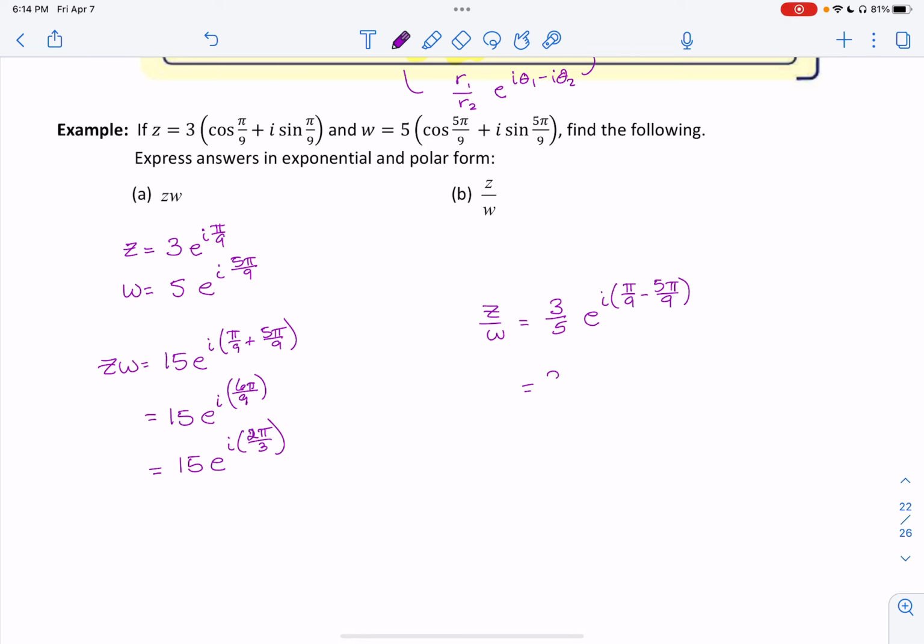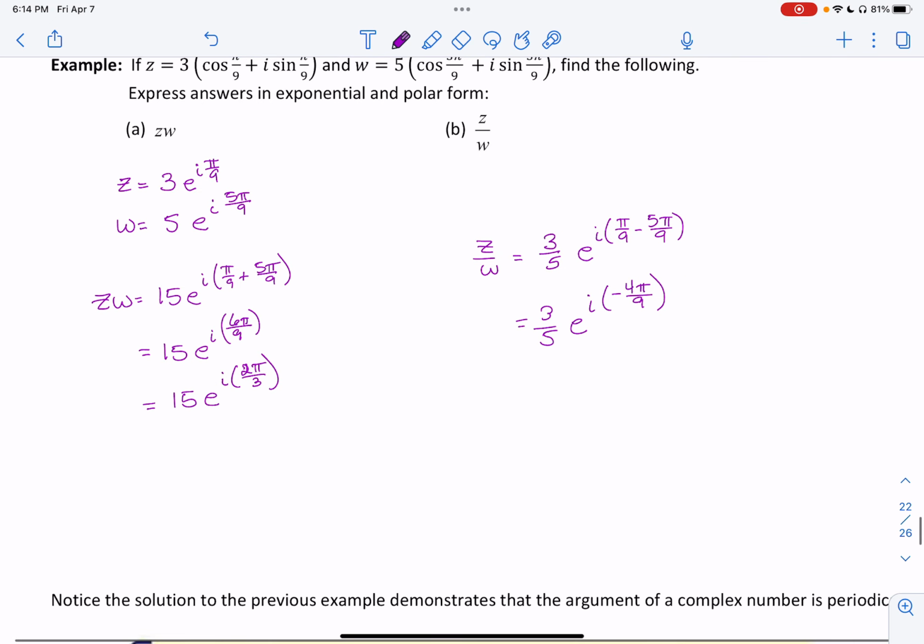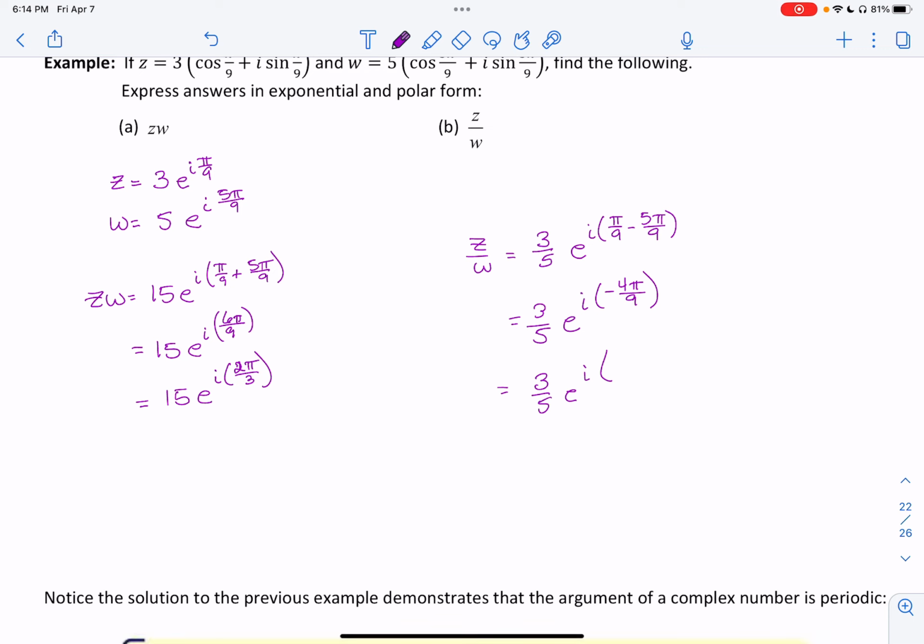So that's going to be 3/5 e^(i times negative 4 pi over 9). We can change that into a positive number if we'd like to. That's going to have an 18 pi over 9 added to it, because that's what 2 pi is. So I'm going to have 3/5 e^(i times 14 pi over 9).